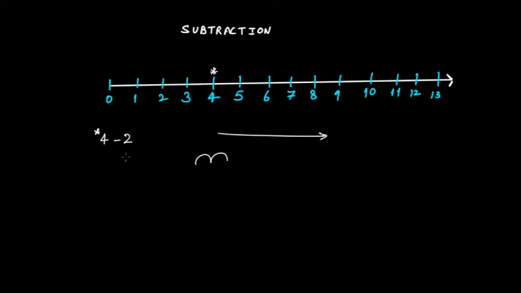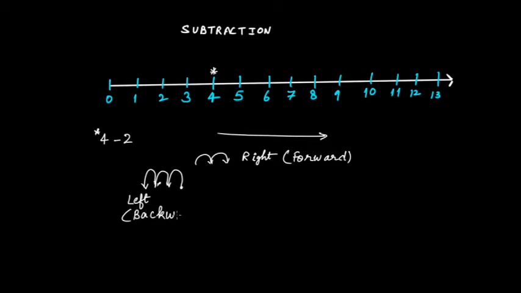But in the case of subtraction, you have to start jumping towards the left, or backwards. Right or forward in the case of addition, but in this case it would be left or backward, in the case of subtraction.